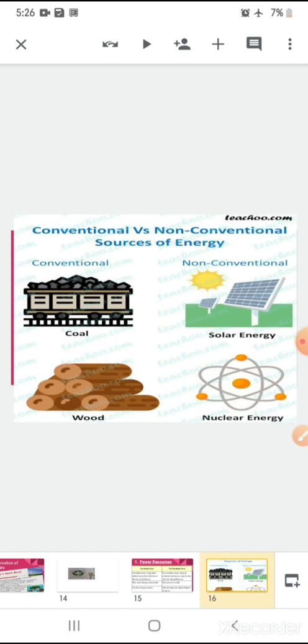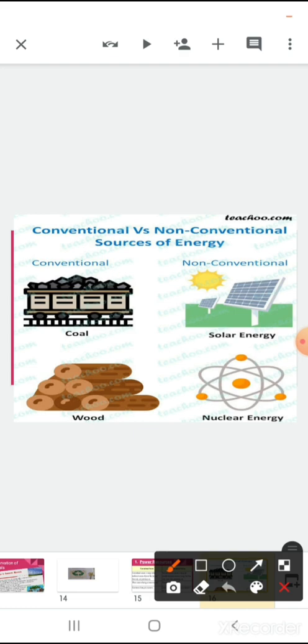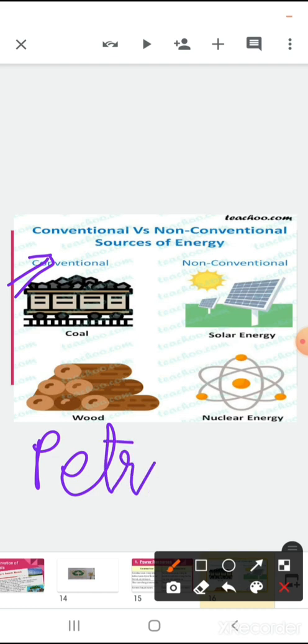Petroleum is yet another conventional source of energy. Petroleum is also there after coal and wood.